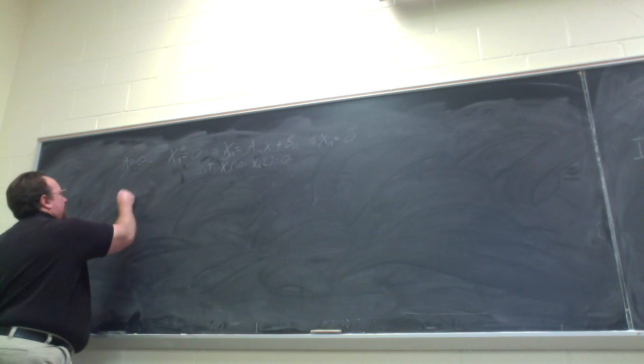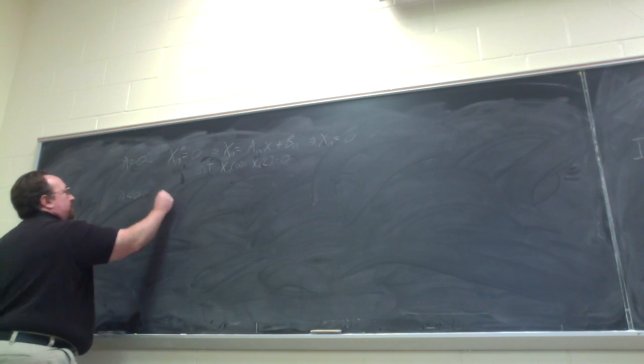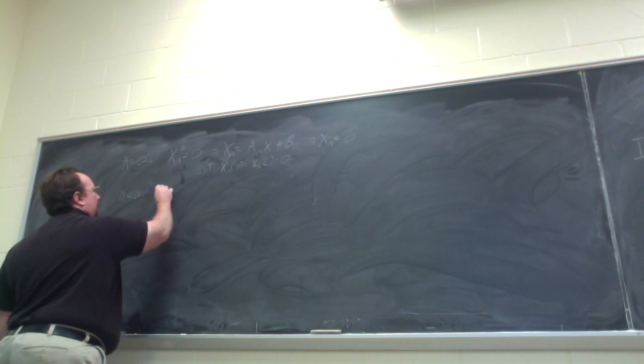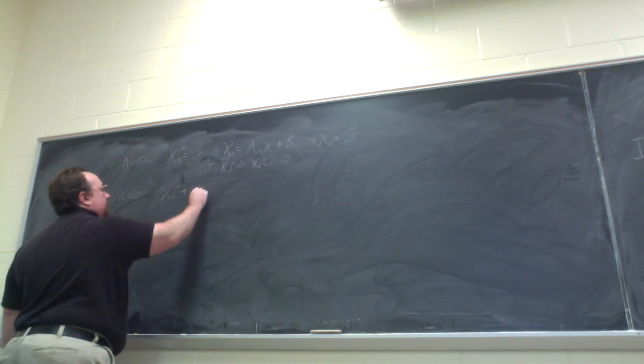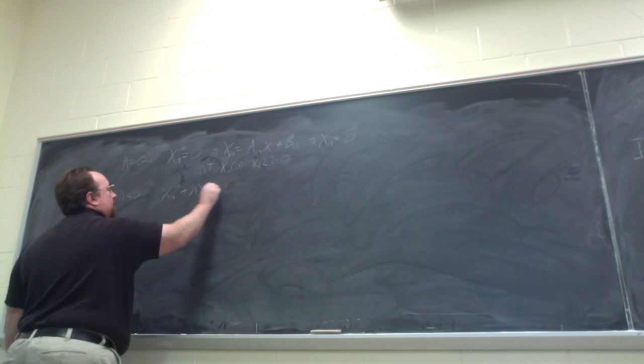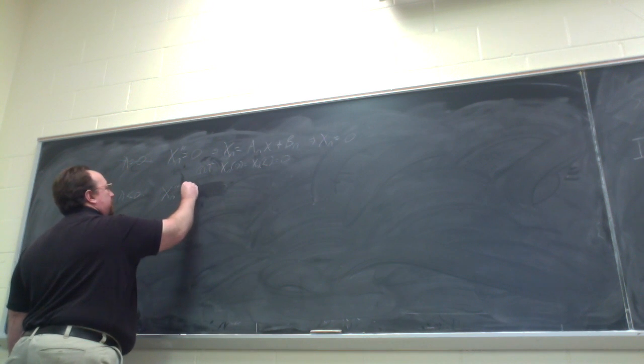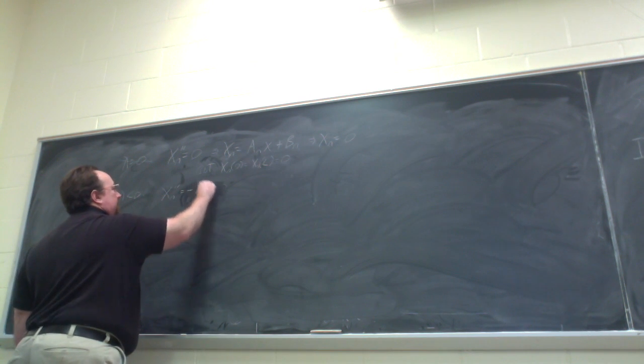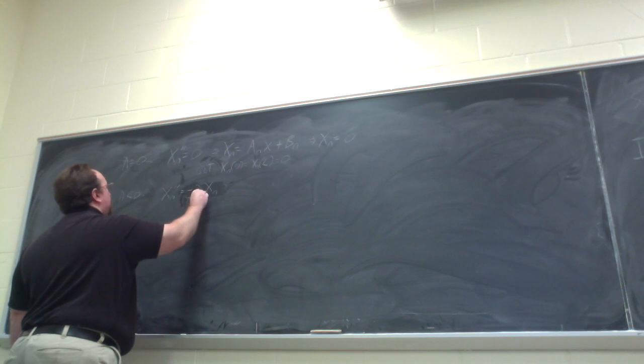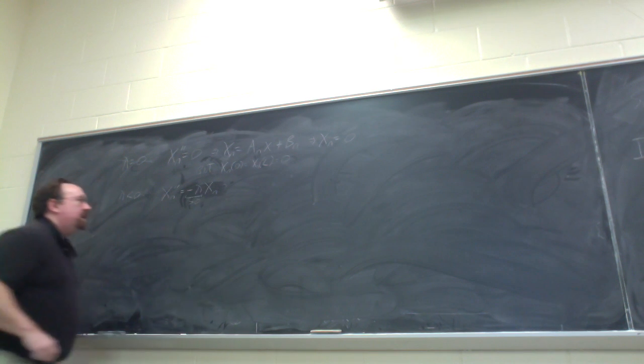What if lambda is negative? So in that case, we have xn double prime plus lambda xn is equal to 0. But if I write it this way, xn double prime is equal to minus lambda xn, and this is now a positive quantity.